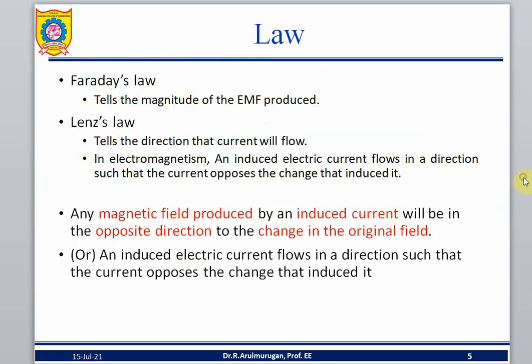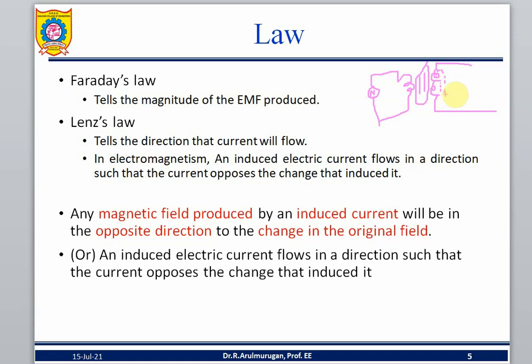Consider a transformer: a primary coil, a core, and a secondary coil. You can select either coil, left side or right side, and give it an AC power supply. Then flux is induced through the core, and EMF is induced.